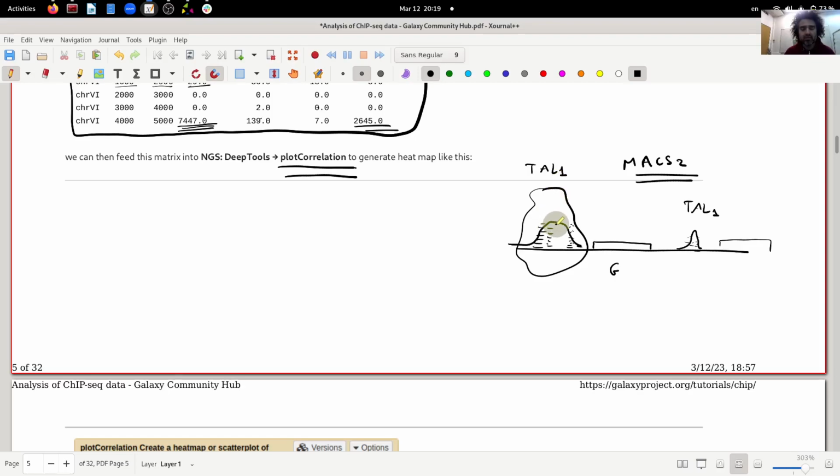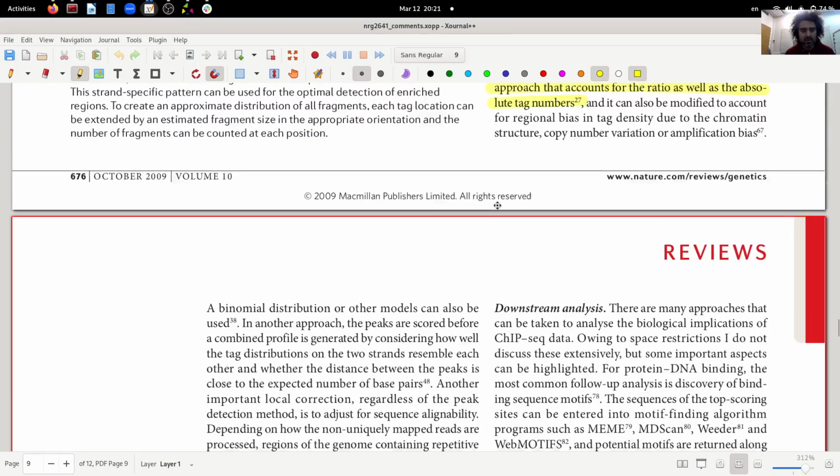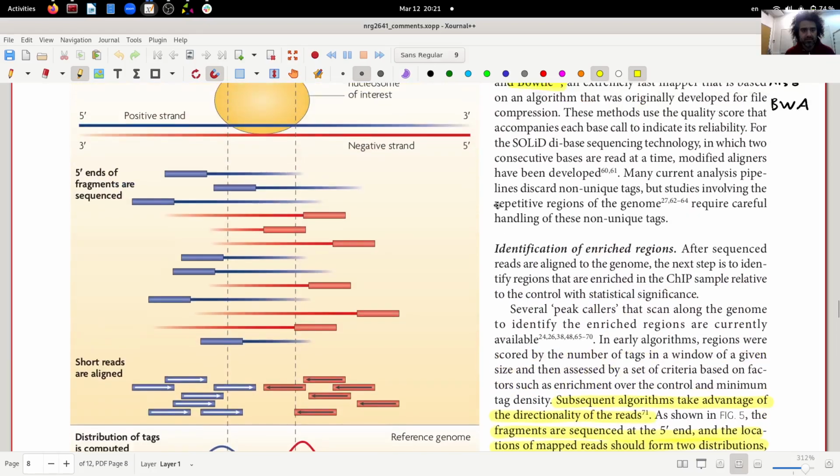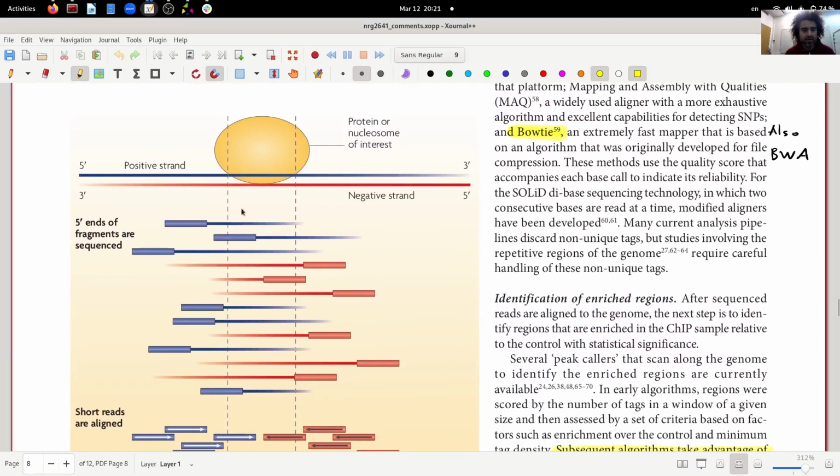Now, it's worthwhile actually to understand a little bit the logic behind MACS2. Okay, so let's suppose that this is the genome. We have the plus strand and the minus strand, and TAL1 is this gene and is located here.